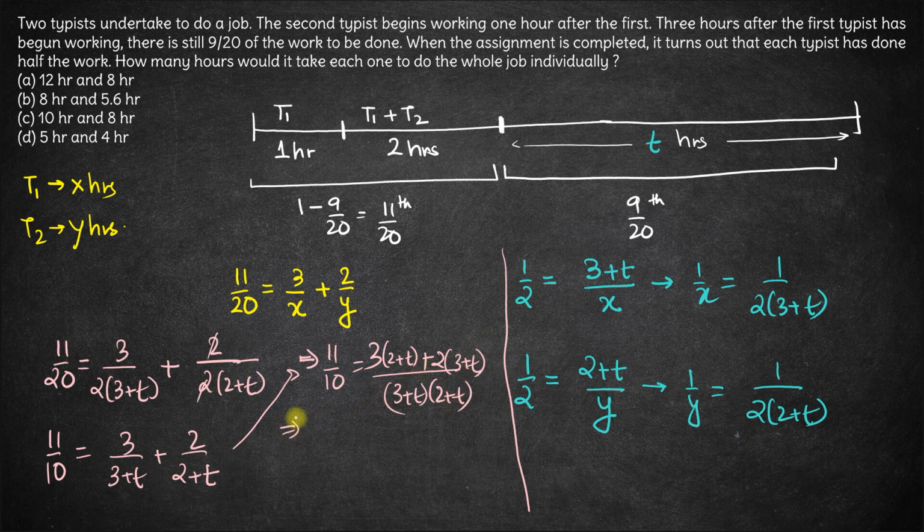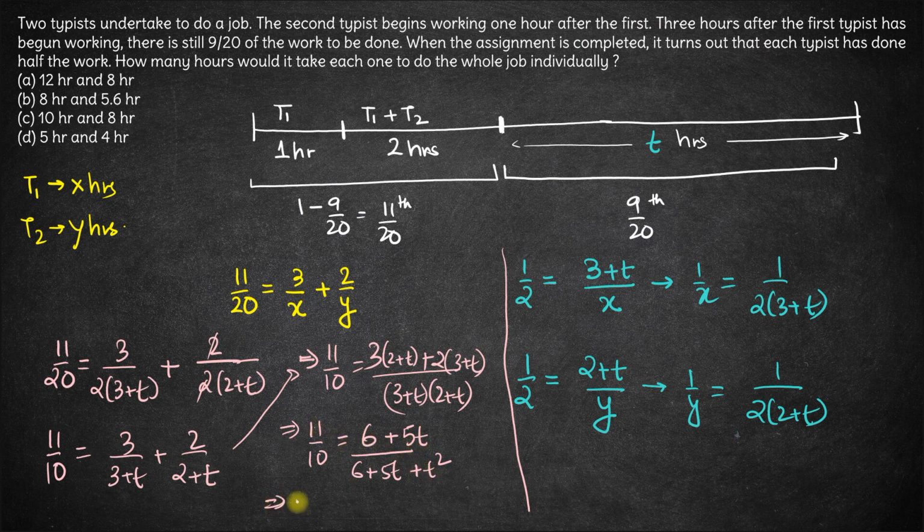Okay, so we'll have to do some calculation here. 11 upon 10 is equal to 3 into 2 is 6, 2 into 3 is 6, 6 plus 3t plus 2t is 5t, upon 3 plus t into 2 plus t, which is 6 plus 5t plus t square. Now let's simplify this.